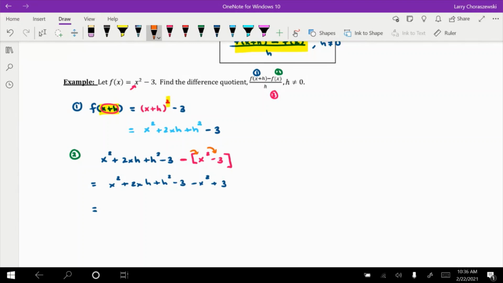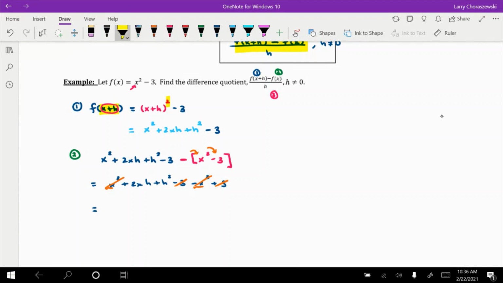It definitely simplifies, okay? X squared and minus x squared are involved in the mix. They actually cancel since they're opposites of each other. And a couple other things cancel. Anybody want to maybe type it in, like what else is going to cancel here? Yep, the negative 3 and the positive 3.